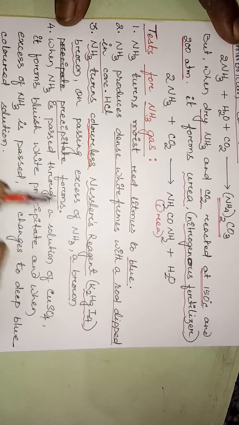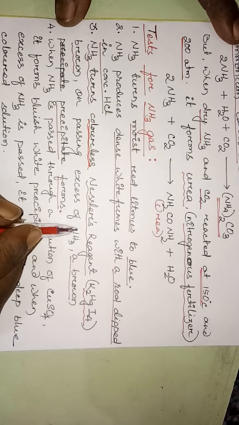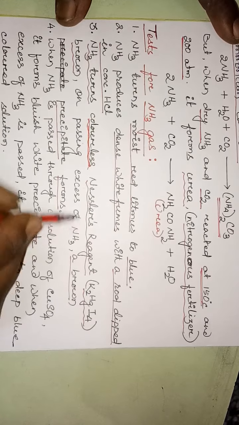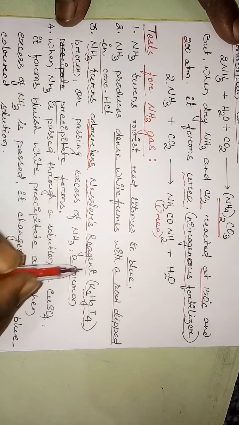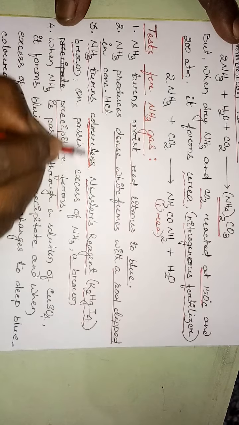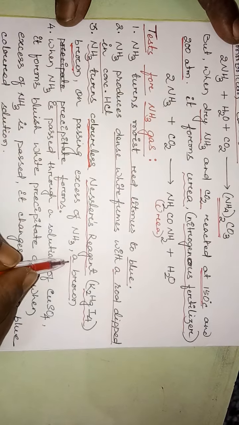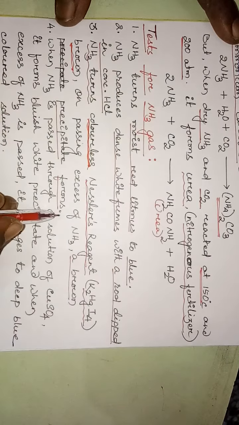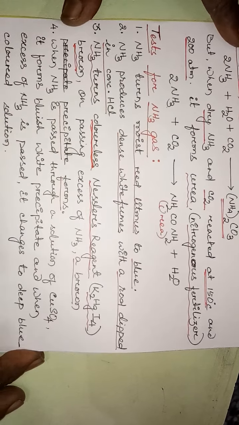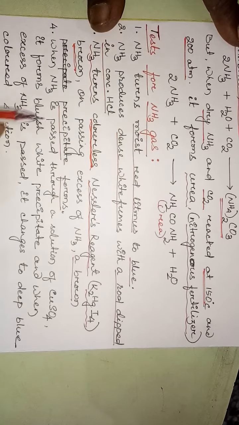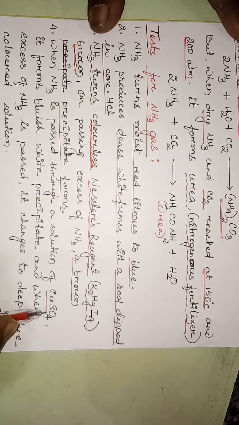Okay, this is most important. Sometimes it is asked what happens when ammonia is treated with Nessler's reagent. So you have to write the colorless Nessler's reagent changes to brown, and in excess of ammonia the brown precipitate is formed.